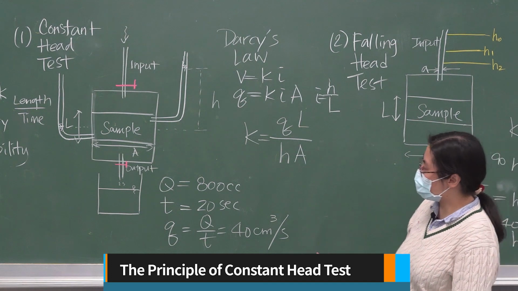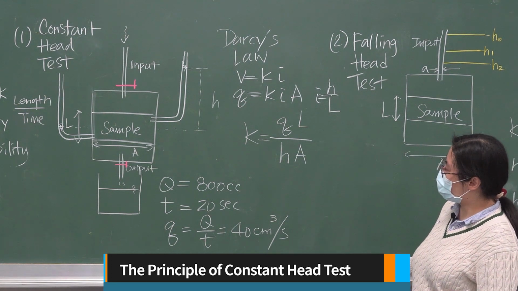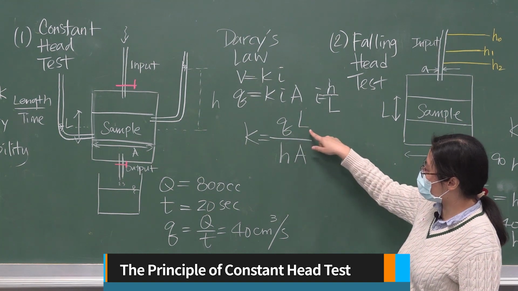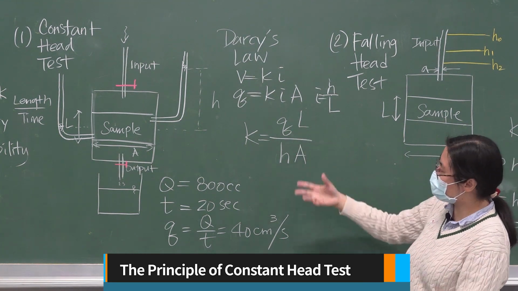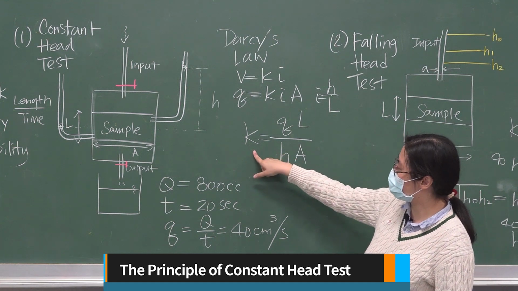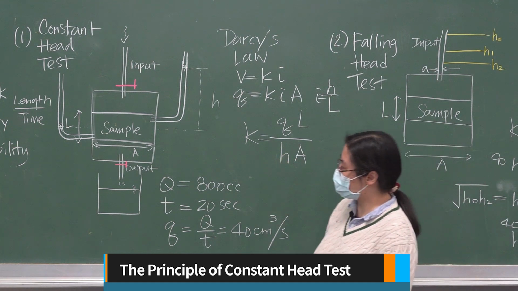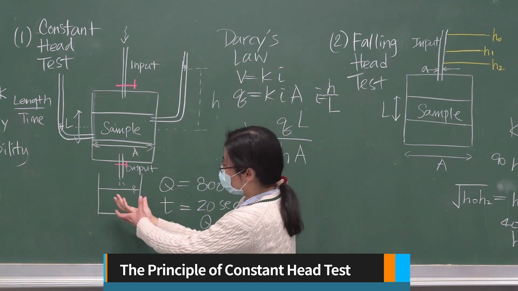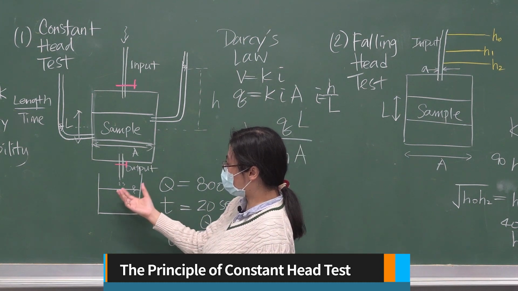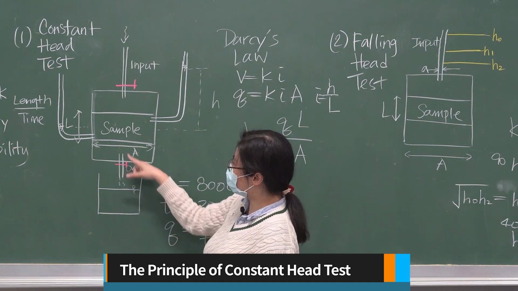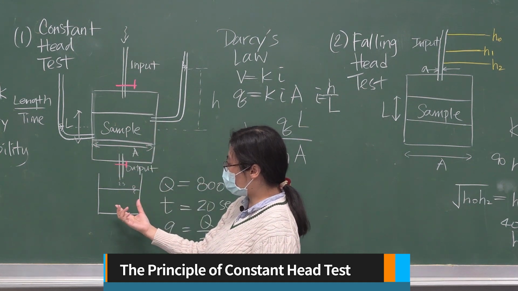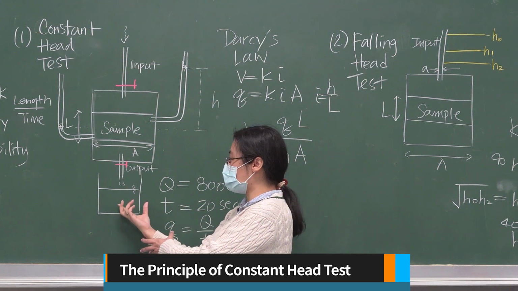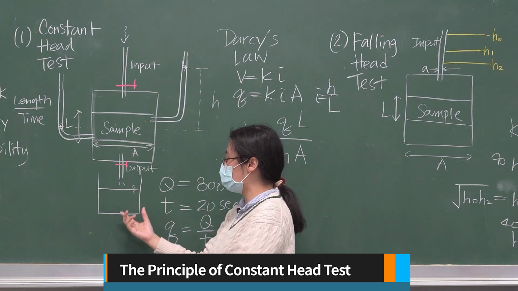In this test, what we are going to do is measure Q. From Q, because L, H, and A can be obtained from the test, we can calculate K. So for a certain period of time, we will collect a certain amount of water that flows out of this device. To obtain Q, we measure the mass of this beaker with the water.